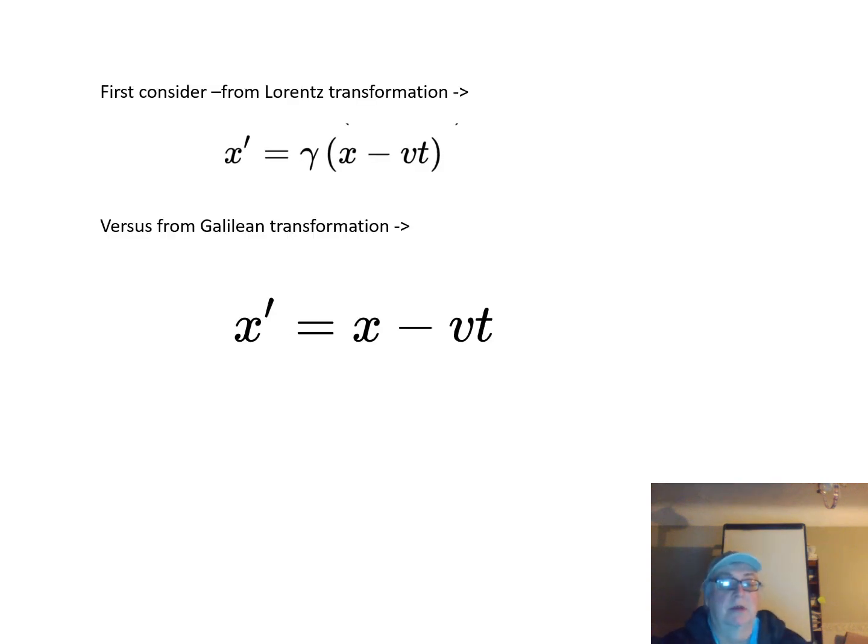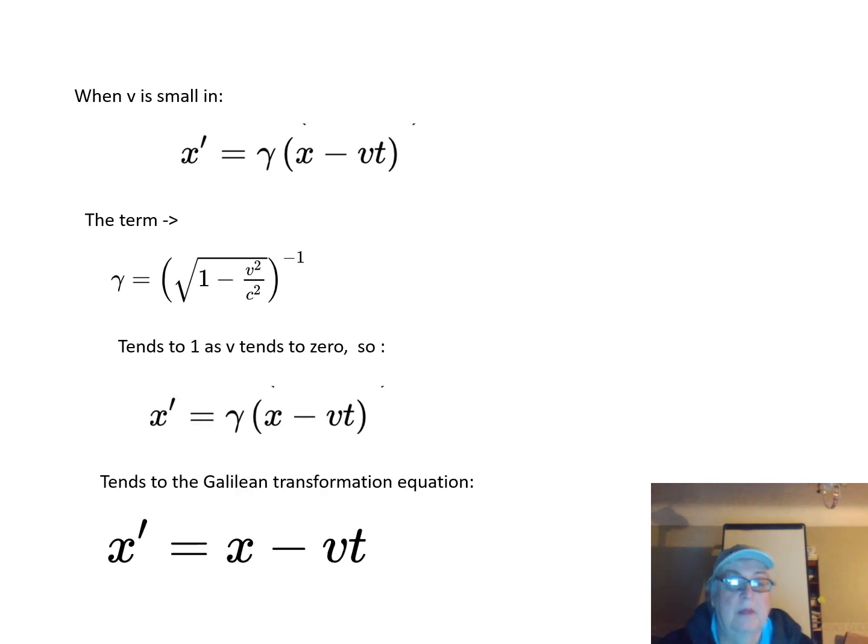So first thing we do now is consider from the Lorentz transformations this equation x prime equals gamma times x minus vt, versus from the Galilean transformations that x prime is equal to x minus vt. And so we're going to look at how similar are these equations, when v is small.